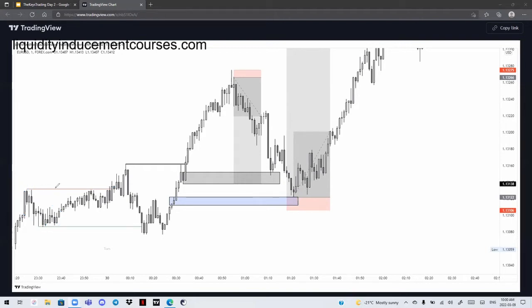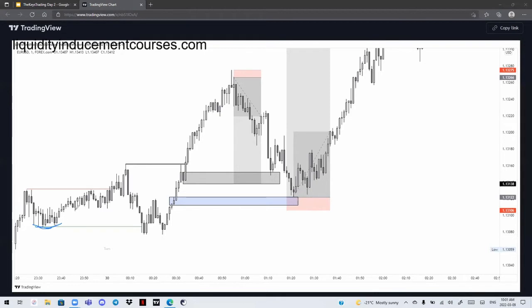So after it broke, we know that this area needs to be induced. Also, another way to know is because look at this on the second time frame. Once you see candles moving like that, like 1, 2, 3, in an order flow pattern, it's liquidity. Order flow liquidity. And if you see a lot of lows forming at an area, it's also liquidity.